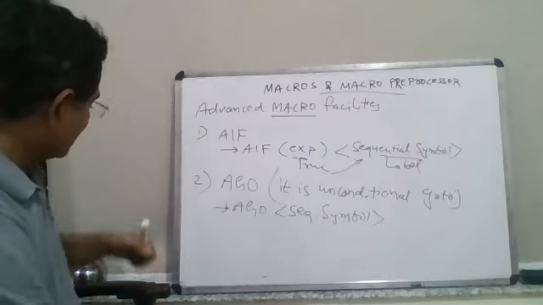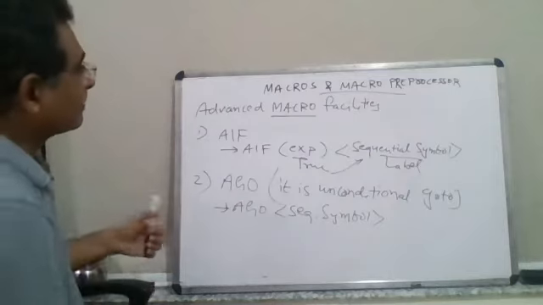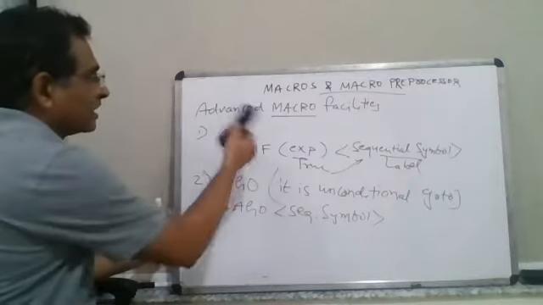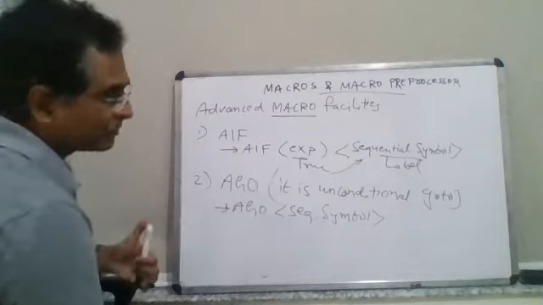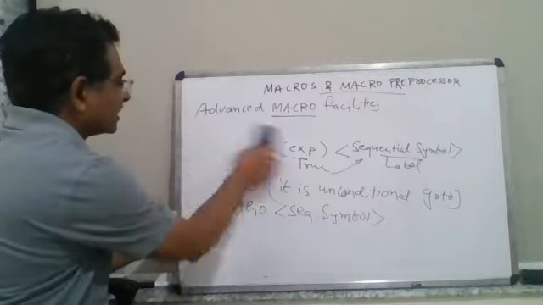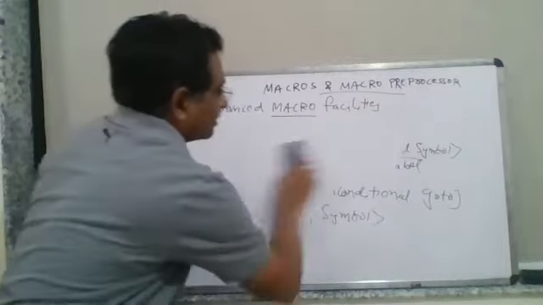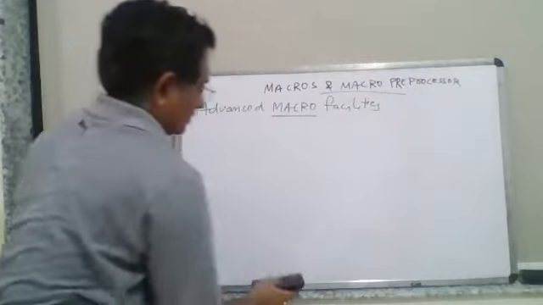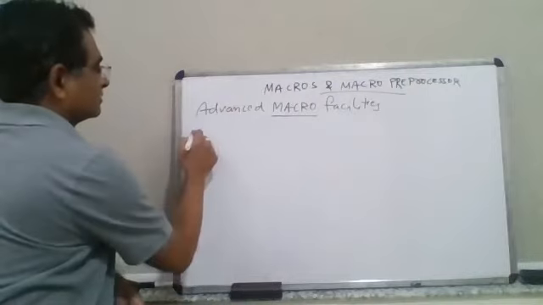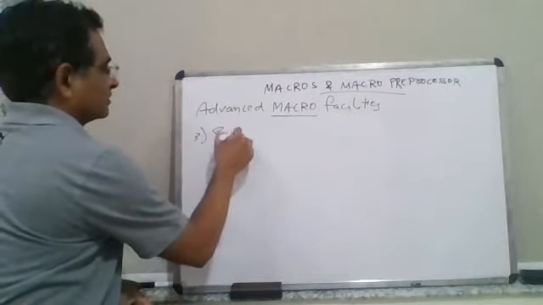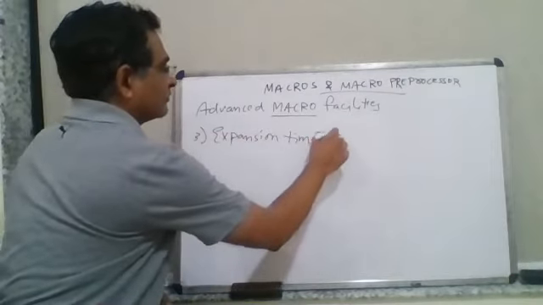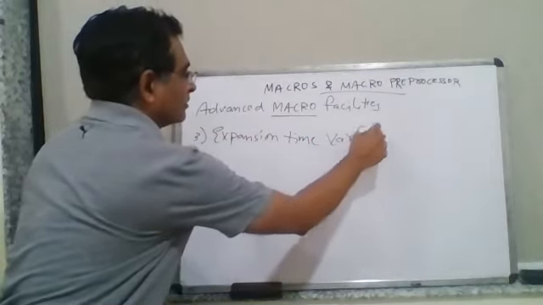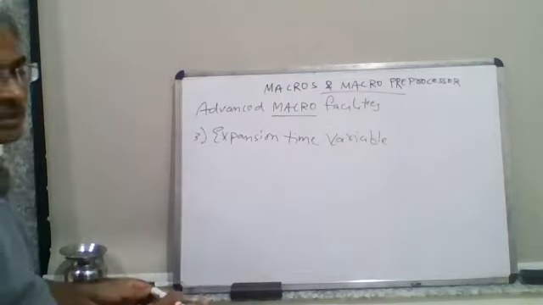And the third advanced macro facility which you should know is the expansion time variable. So we'll see that expansion time variable. How do we specify this expansion time variable?